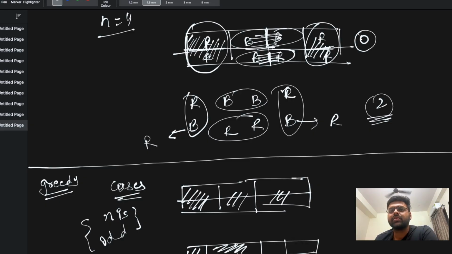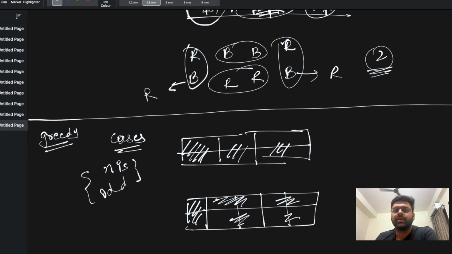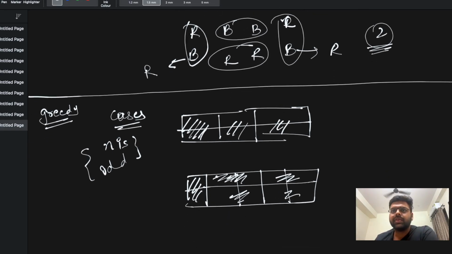Rest as this horizontal, this horizontal, this horizontal, and this horizontal, right? So this and this, or vice versa, taking the last and then horizontal. If you would have done this greedy approach, you would have got a wrong answer.